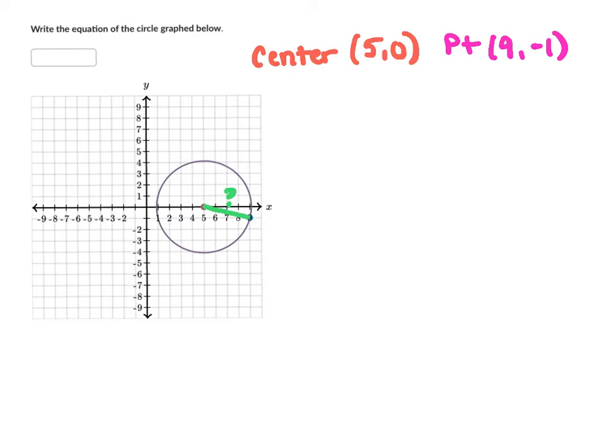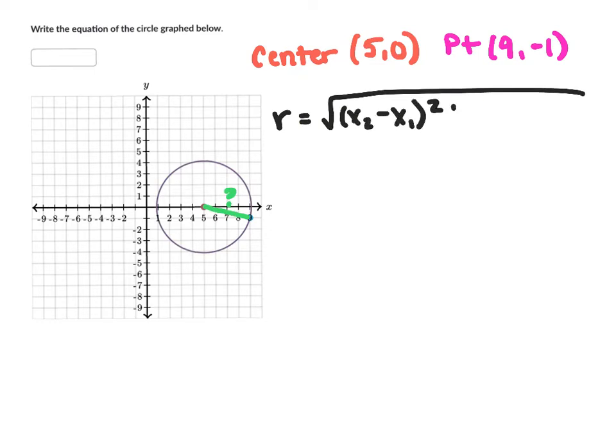But this allows us to use the distance formula for the radius. So remember, your distance formula is the square root of x2 minus x1 squared plus y2 minus y1 squared. I could call the first point x1, y1 and the second x2, y2.